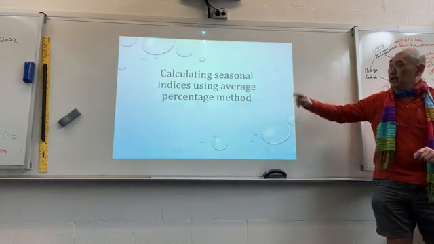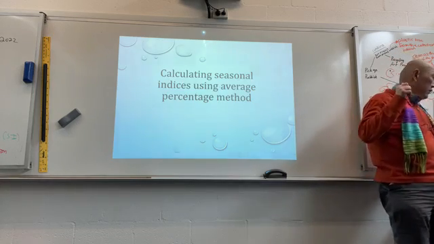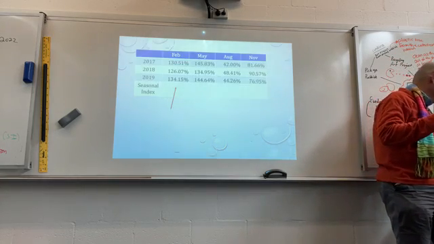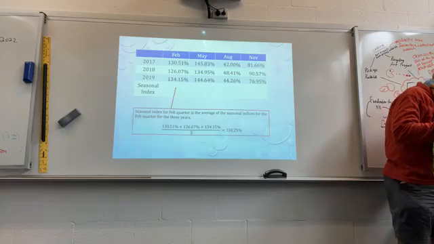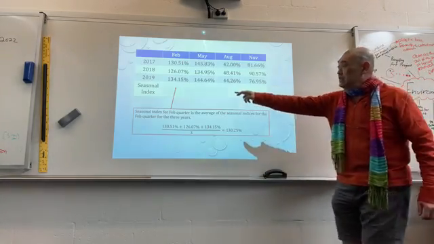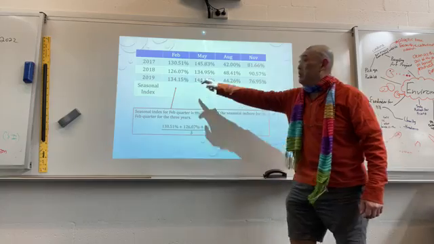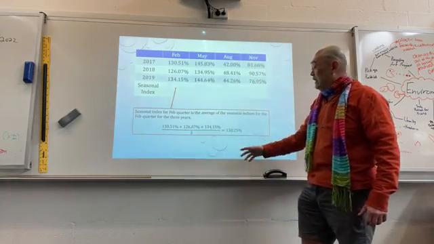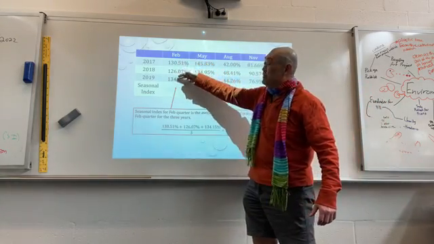So we're going to do calculating seasonal indices using the average percentage method. Once you've listed everything, the seasonal index for February is just the average of these three.